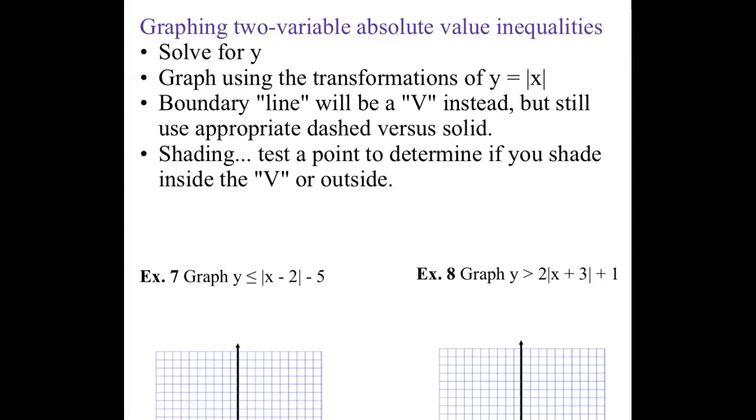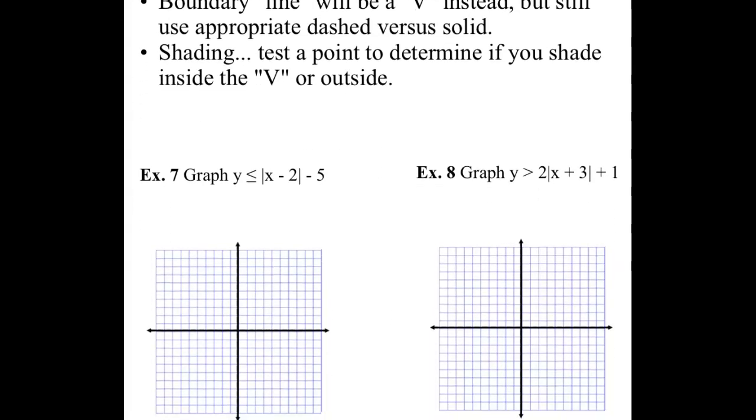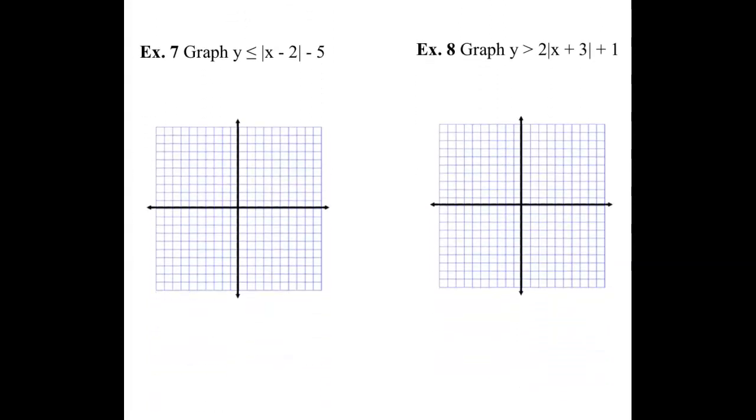All right? A lot of times it's already given to us in that form, but if it's not, we want to get y by itself. We're then going to graph it using our transformation idea. Have we moved it left, right, up, down? Have we stretched or compressed or reflected it? The only difference today is that we might have a dotted V instead of a solid one, and we're going to shade. Okay? So describe for me the transformations for this first one.